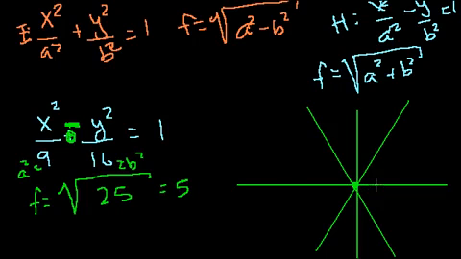So this is the center, and the two vertex points are at 3 and minus 3. And then the focal points are going to be 5 to the right of the center, right here. So that's 5 comma 0, and minus 5 comma 0. This is minus 3, and this is 3. So if we were to graph it, it would look something like this.